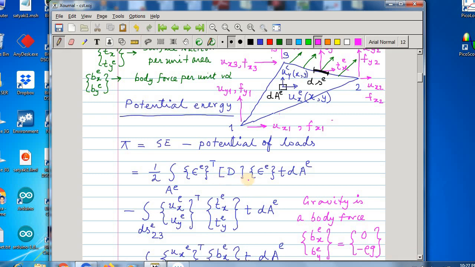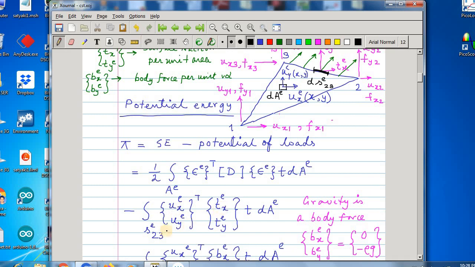This is the strain energy expression, and this is the potential of load, that is uxe into txe and uye into tye, and the integration has to be performed on the edge S23, that is on this edge, with ds23e as the length variable.